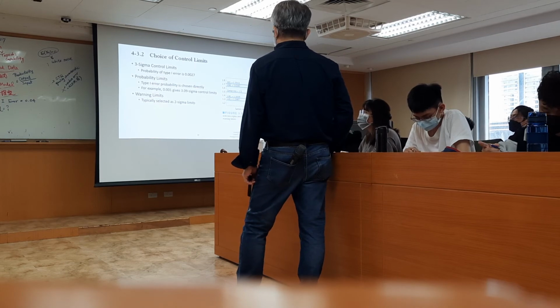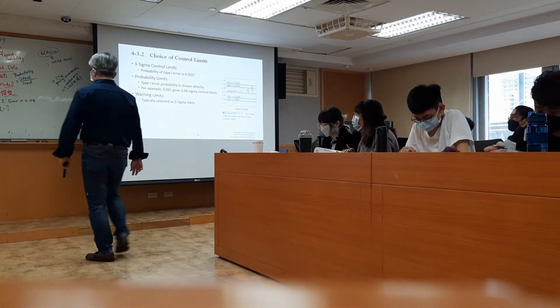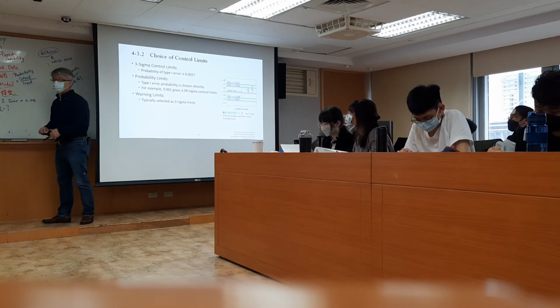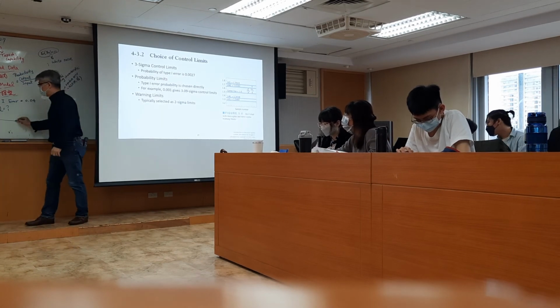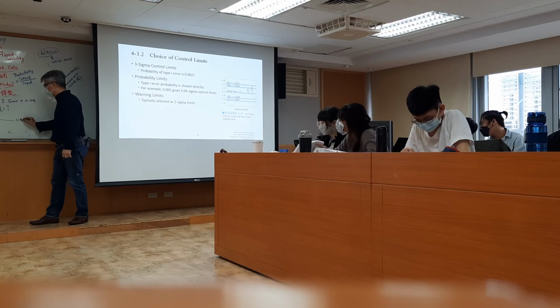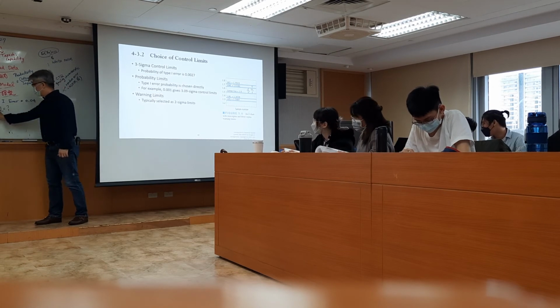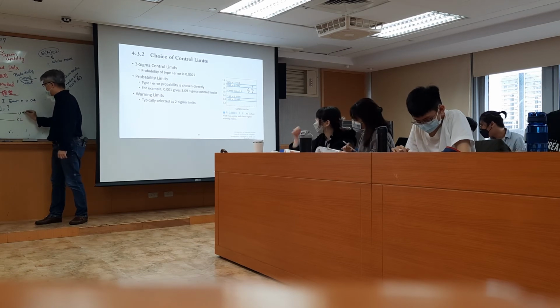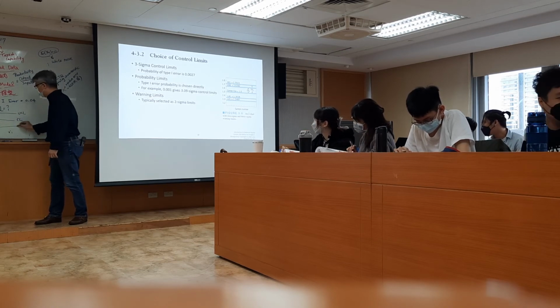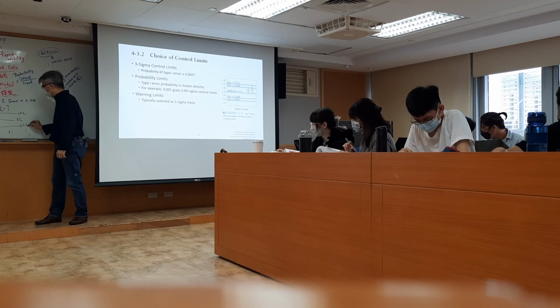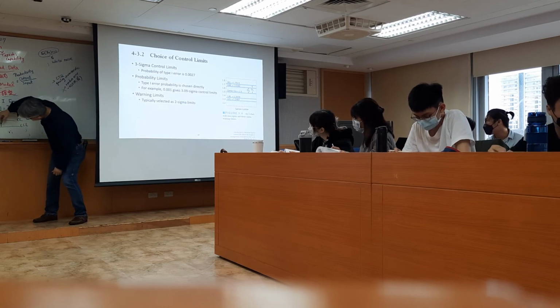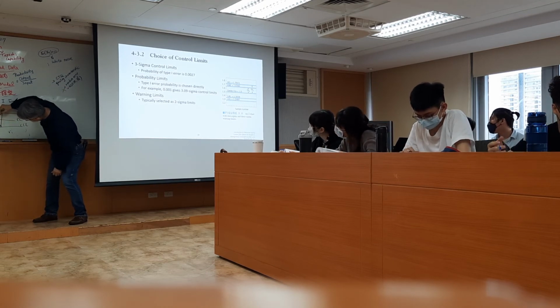No, hold on, Yang Ping. Wait a minute. This is the center line. This is the upper control limit. This is the lower control limit. So it distributes like this.